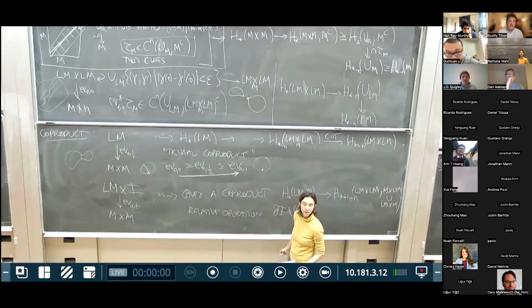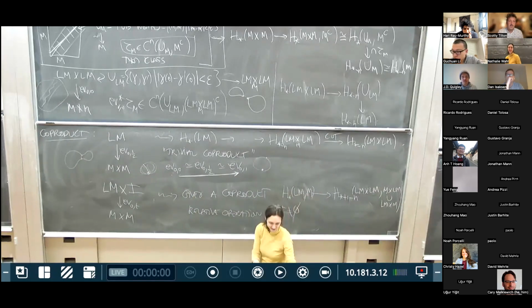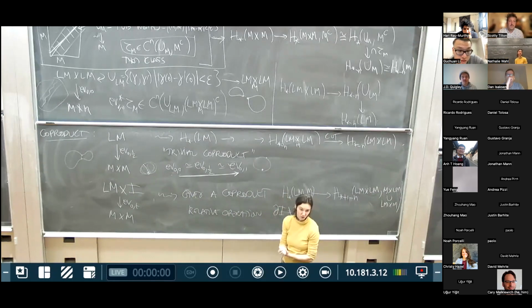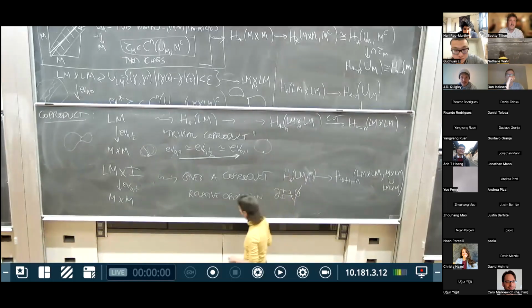Yes. So Maxime is asking why work with the interval rather than the circle, and this is something that puzzles me. So you could also, this is totally legal.